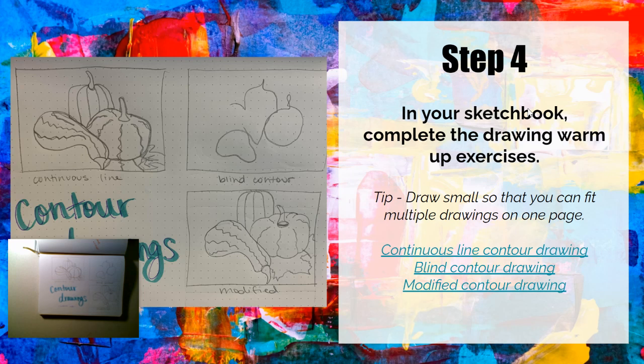Because we're going to do 3 types of drawings today. You're going to learn the difference. However you want to split up your space, just so that you have 3 areas you can draw in.